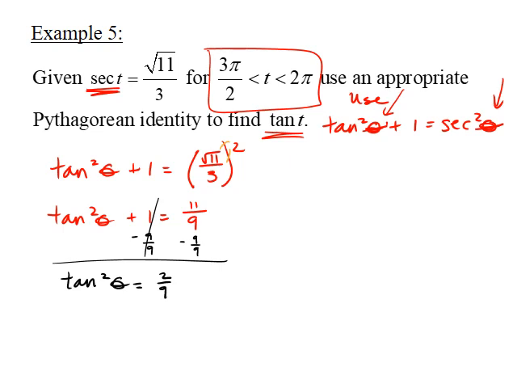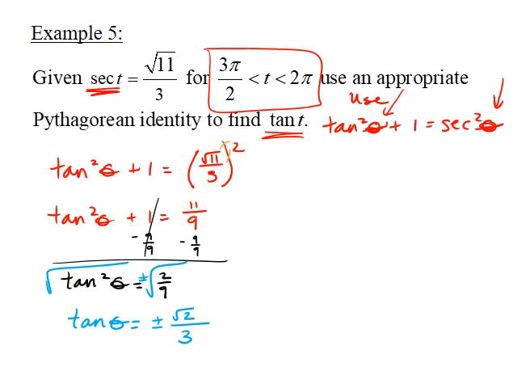Now to get rid of a square, I'm going to square root it. And remember, when you take the square root of something, you need to remember the plus and the minus. So I end up with tangent of theta is equal to plus or minus the square root of 2 over the square root of 9, which is 3.